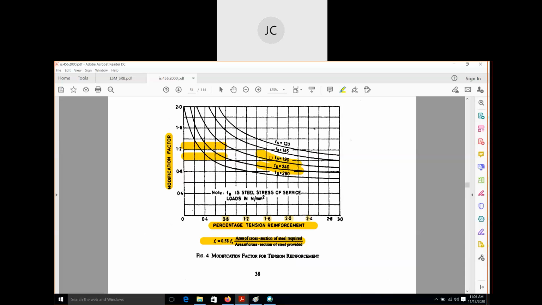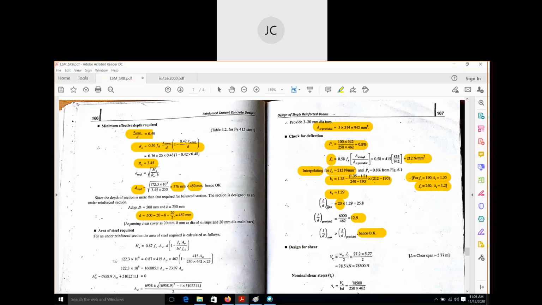We have two graphs, but we need a value between these two fs values, a curve between these two curves. We cannot draw an imaginary graph here and find the value. So for that we will use simple mathematics, a procedure known as interpolation.